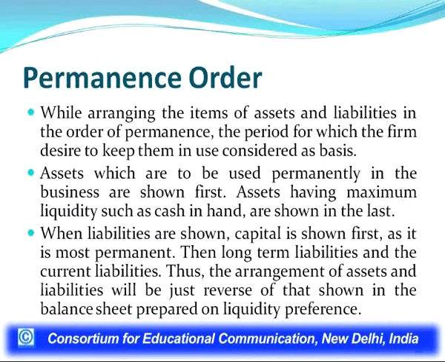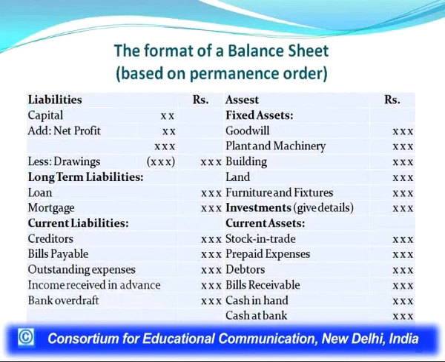Similarly, on the liability side we show capital first because it is the most permanent, and then long term liabilities or non-current liabilities and current liabilities. So, this arrangement of assets and liabilities will be just the reverse of that shown in the balance sheet prepared on liquidity preference. So, if we prepare a balance sheet in permanence order, we shall find this format of a balance sheet based on permanence order.